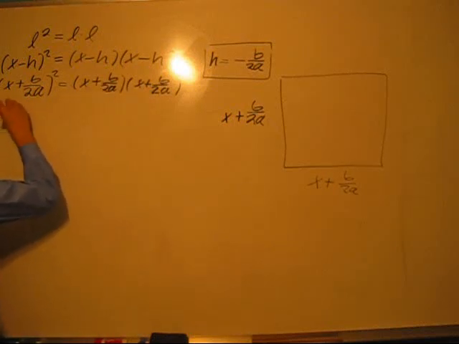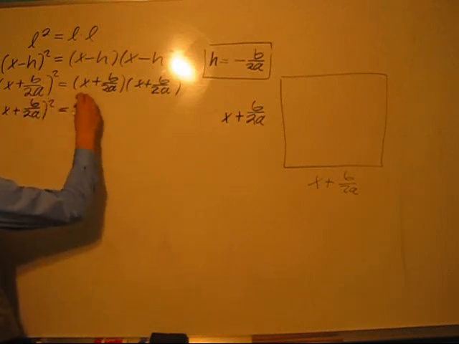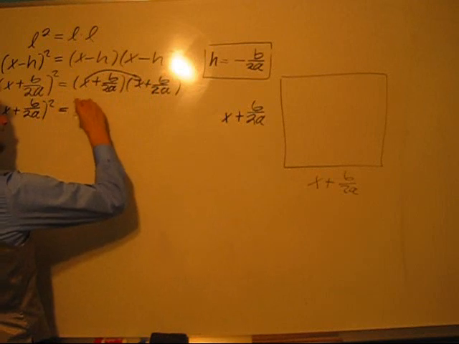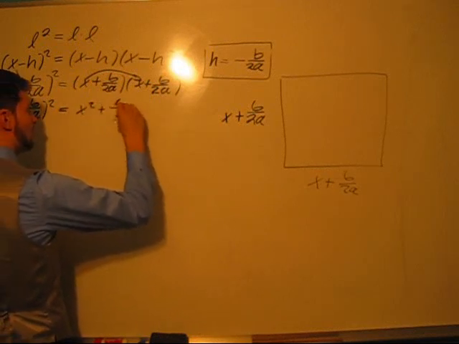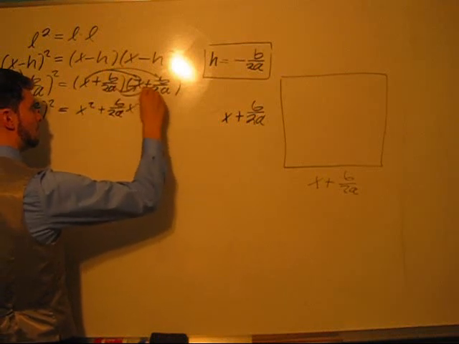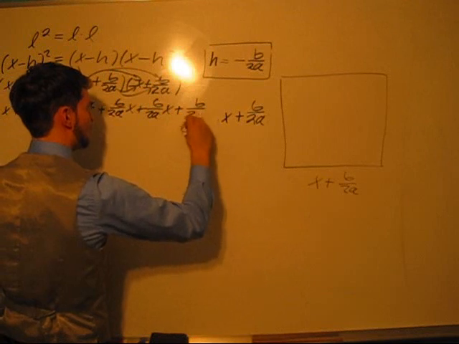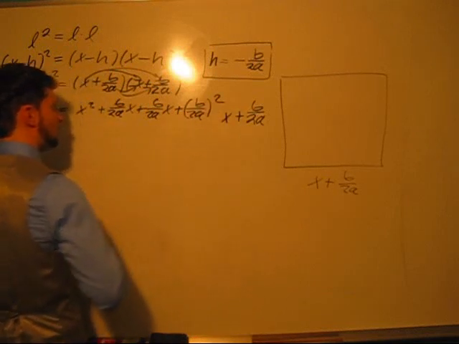So we would have (x + b/2a) squared equal to, by the property of distribution, x squared plus b over 2a times x, plus b over 2a times x, plus (b over 2a) squared.